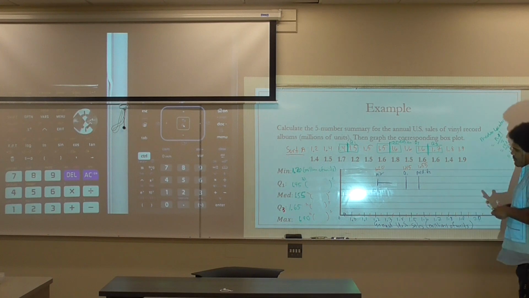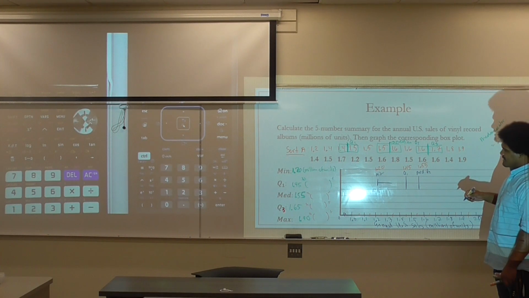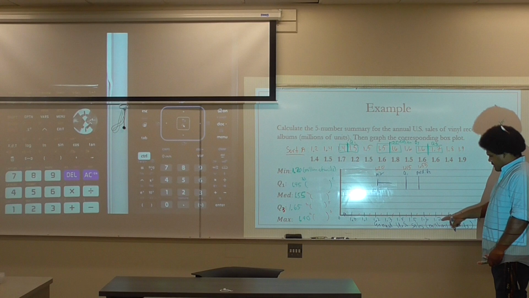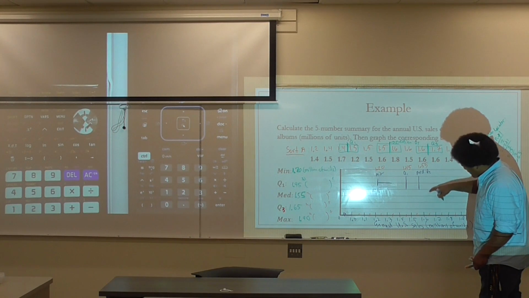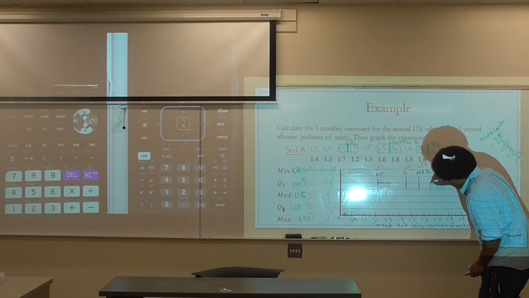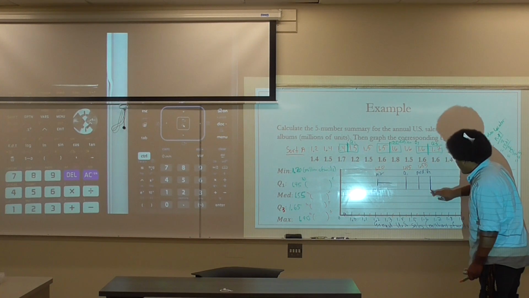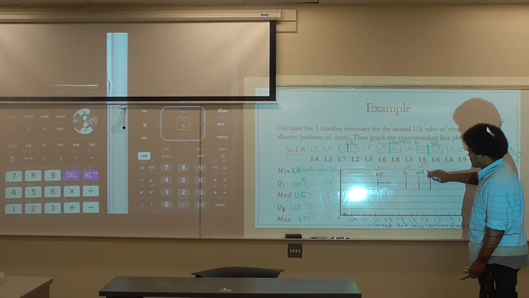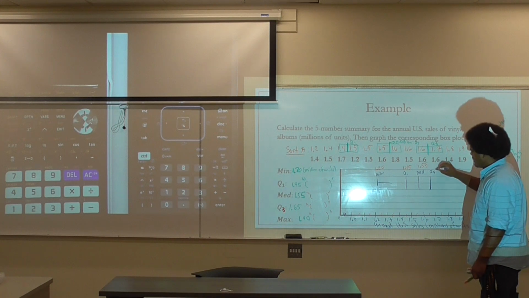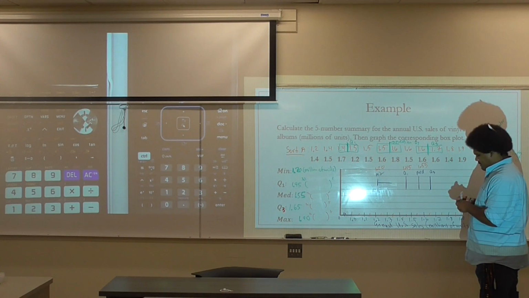Come over here, next one over, looking at the 1.65. 1.6 is right here, 1.65 is halfway between. So we're looking at the distribution right here. And we know this right here is supposed to be your Q3, so I'm just going to write Q3 right here. And this guy is supposed to be at the 1.65.